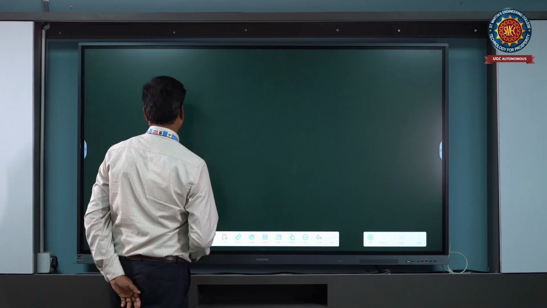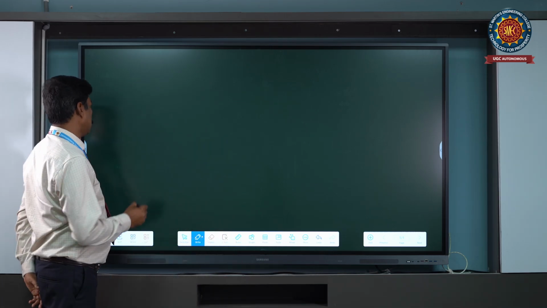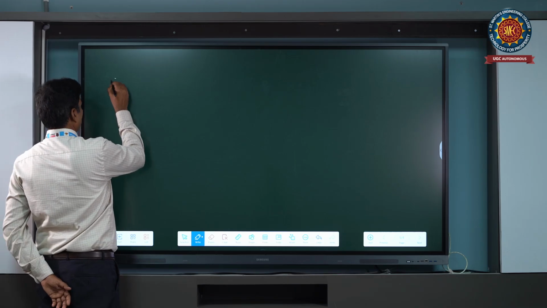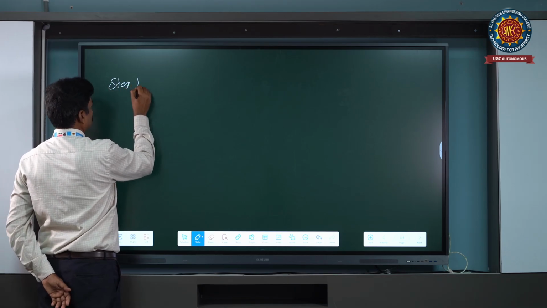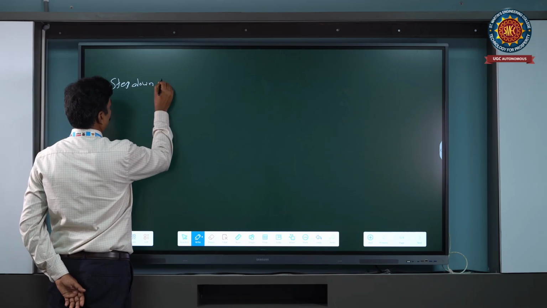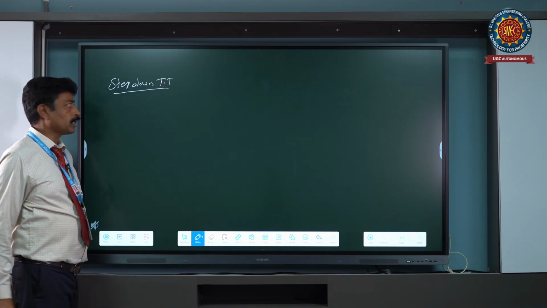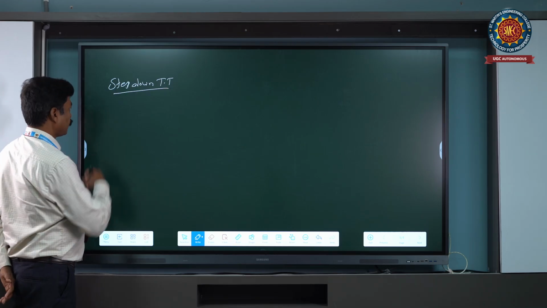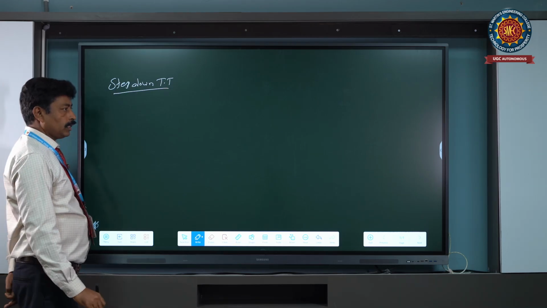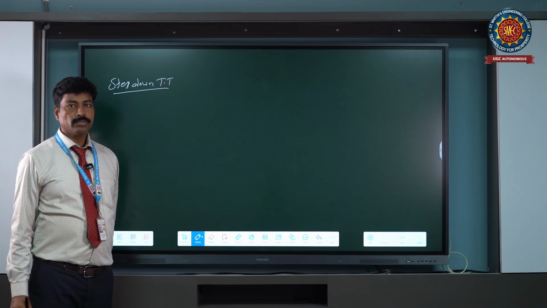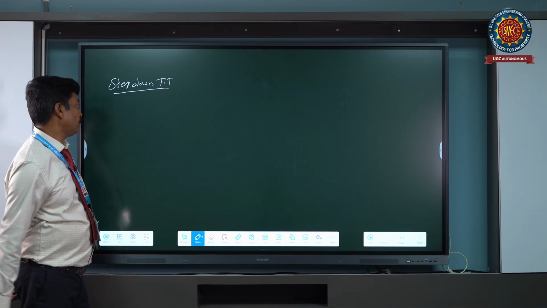In the circuit, I am using the step down transformer. What is meant by a step down transformer? A step down transformer decreases the voltage level.